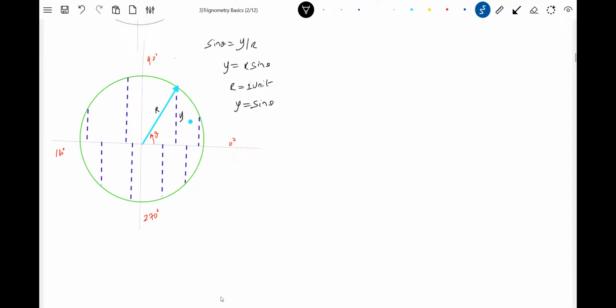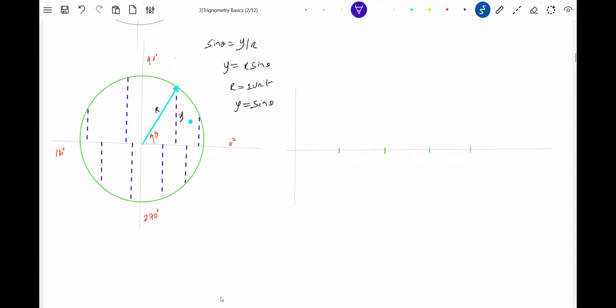How will this graph vary? I don't want to just draw a curve and say, okay, this is the sine. Why the sine curve will be like this is what we are trying to give some specific reason for. These are the points: 90, 180, 270, 360.